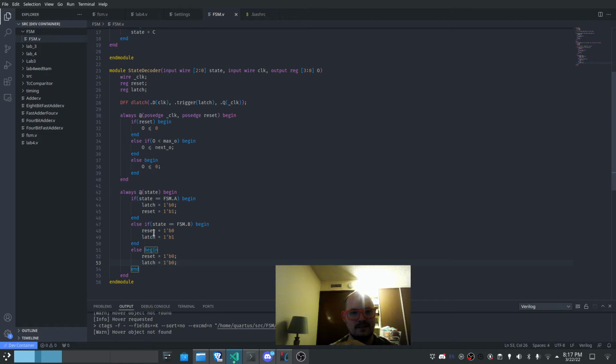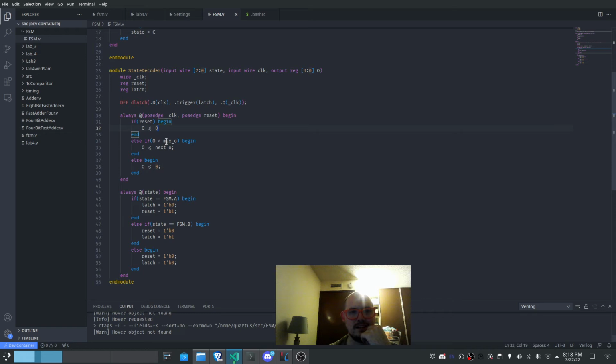And then finally, we have here the positive edge of the underscore clock, as well as the positive edge of reset. We're checking to see, first of all, if it's reset, then O, that's the output of this module, we'll say is equal to 0.